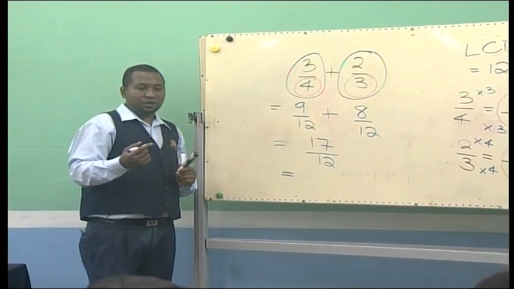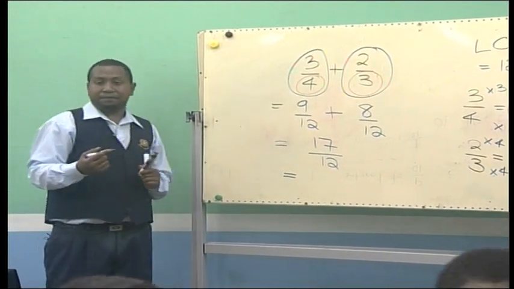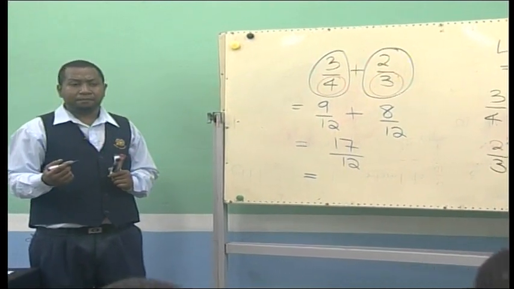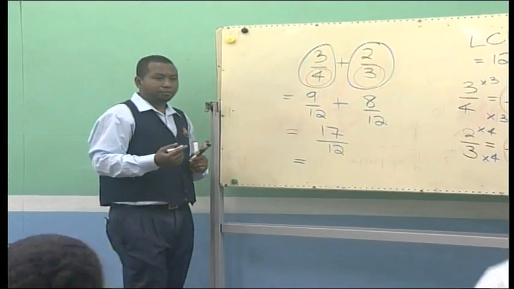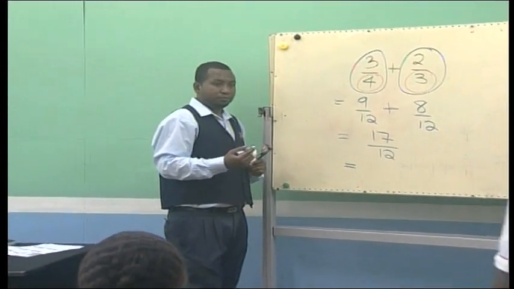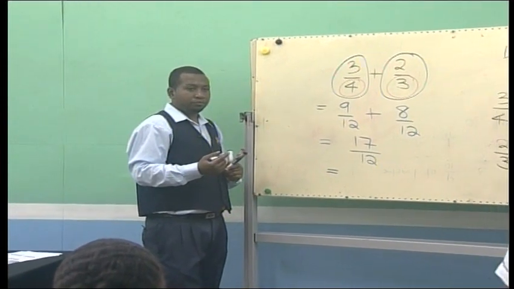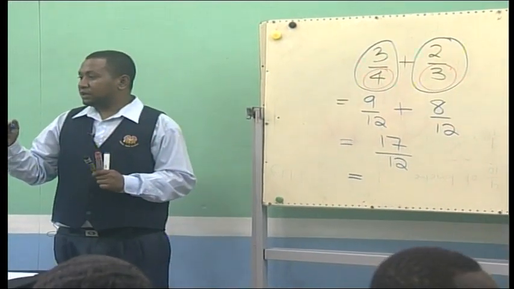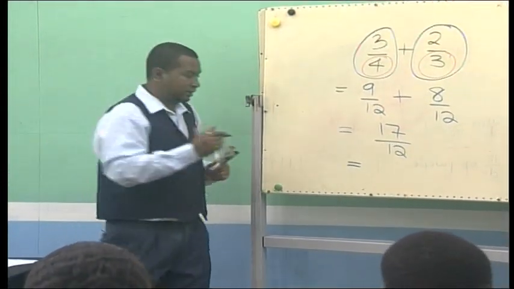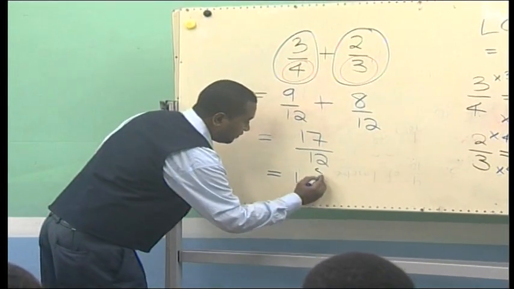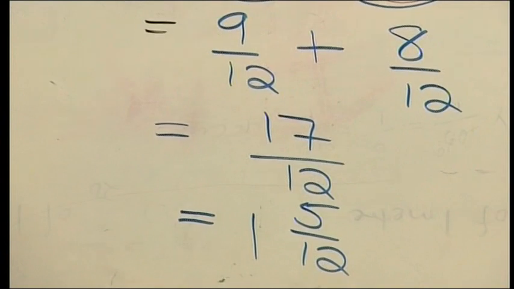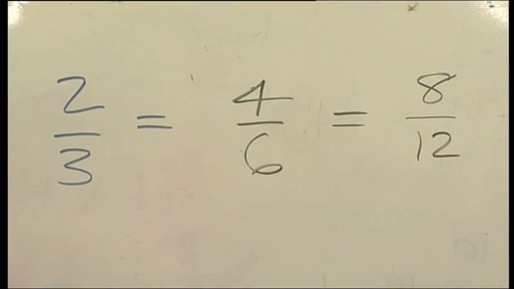Melvin, what is our answer then? One whole and 5/12. Melvin says 1 whole and 5/12. Is he correct, students? Yes. 1 whole and 5/12. Very good.